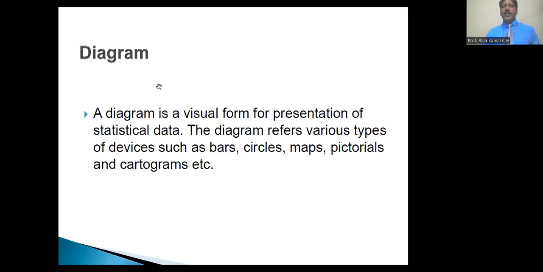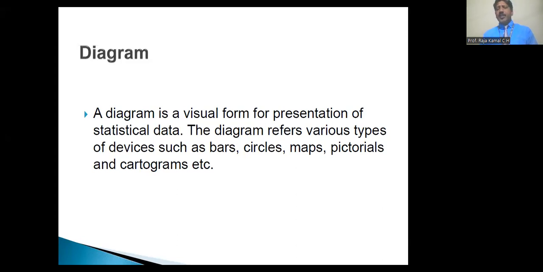Good morning. In today's world, if you observe, statistical data is presented in different forms. One of the best forms to present statistical data is diagrammatic representation.